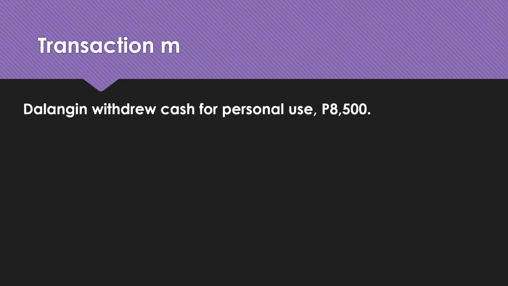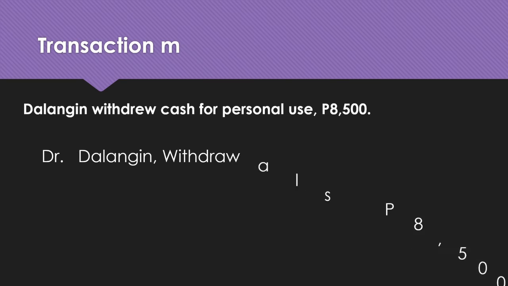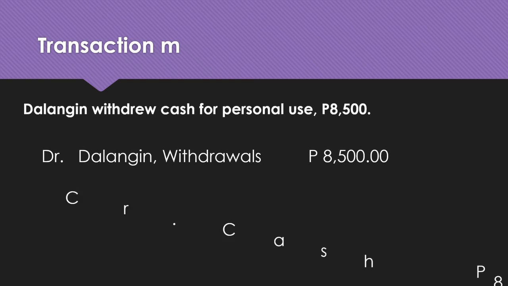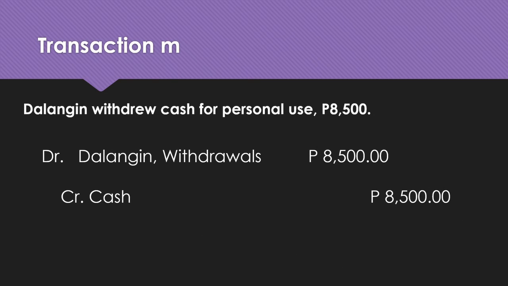Ngayon, dito sa problem nito, we are given the account title, Dalangin withdrawals. So, nag-increase ang withdrawals niya. Therefore, you debit 8,500. As I've said again and again, withdrawals is a contra equity. Therefore, your normal balance ay debit. Okay? Cash. Credit cash. Kasi withdraw cash nga eh. So, your cash decreased. Nabawasan ang cash. Credit cash. Okay.